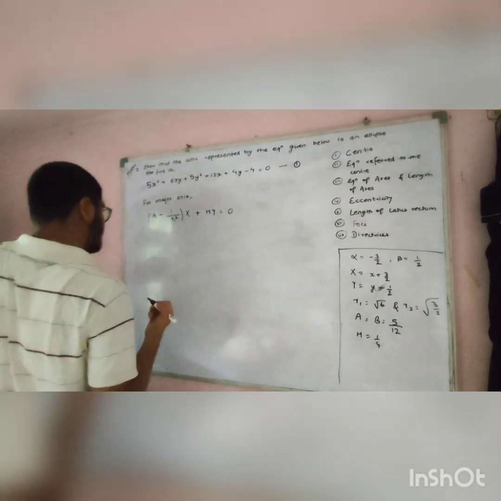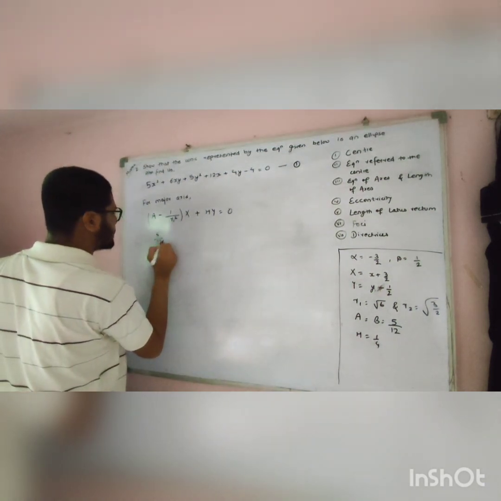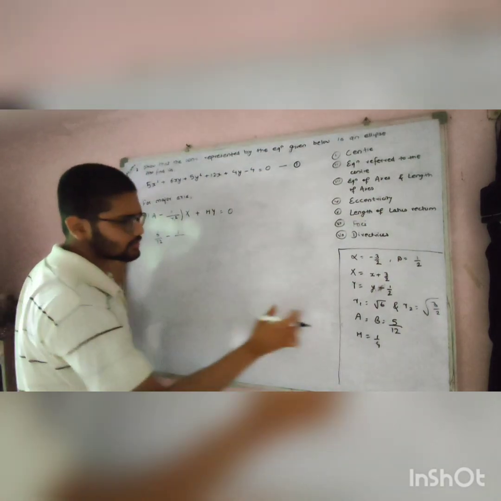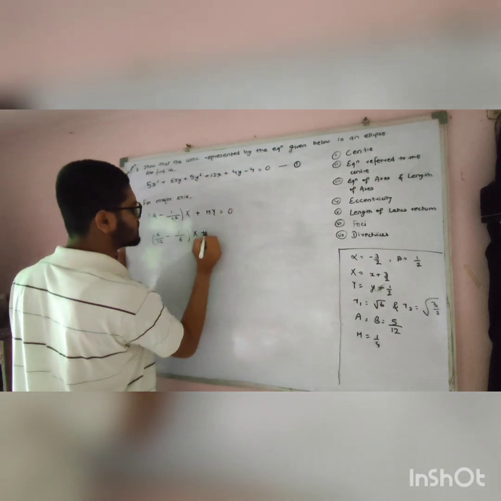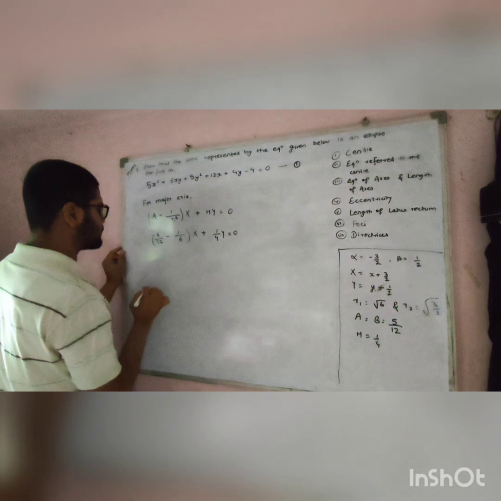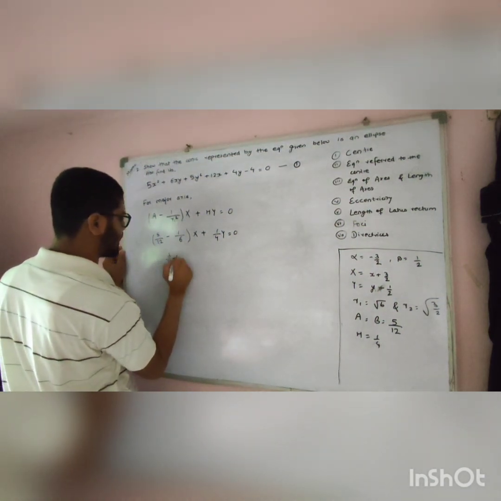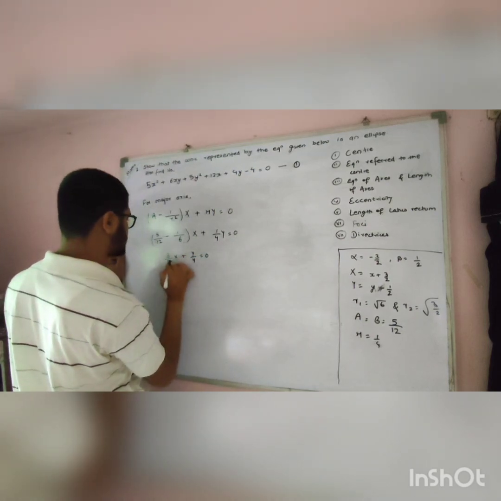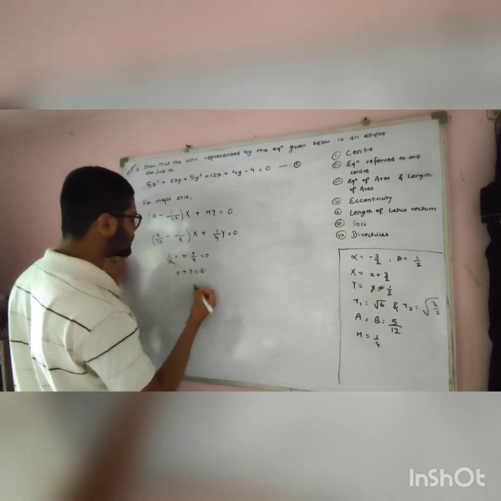Now substituting the value of a, r1 and h, we will get 5 by 12 times 1 by r1, that is r1 is root 6, so we can write 1 by 6 times x plus h is 1 by 4 times y is equal to 0. And further solving we'll get 3 by 12 x plus y by 4 is equal to 0. 3 4 12, this will be x plus y is equal to 0.